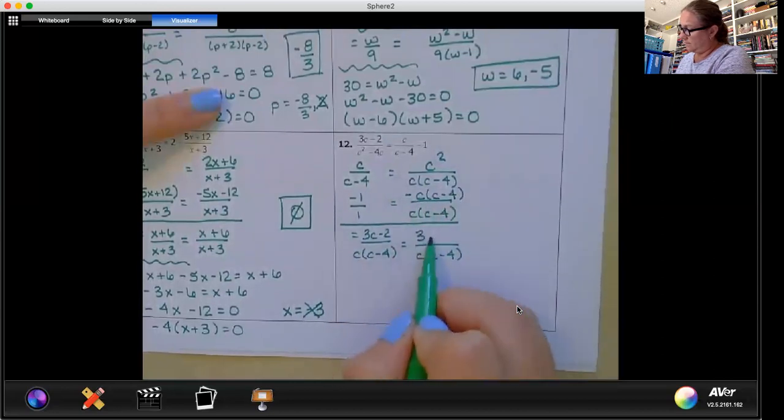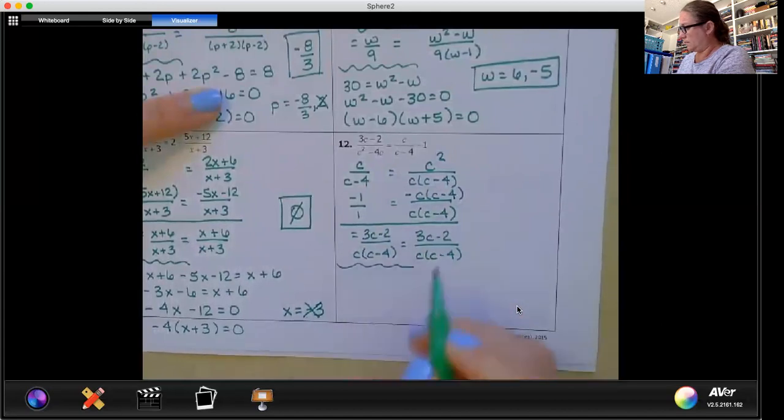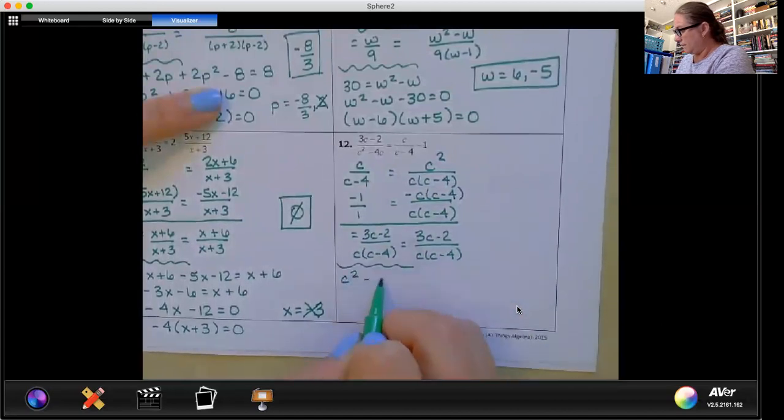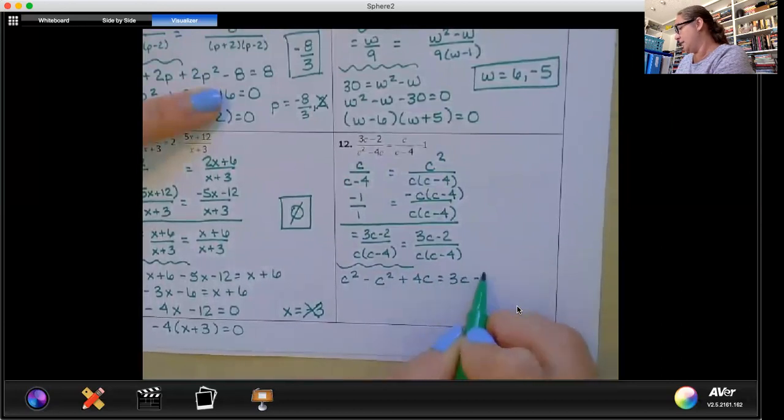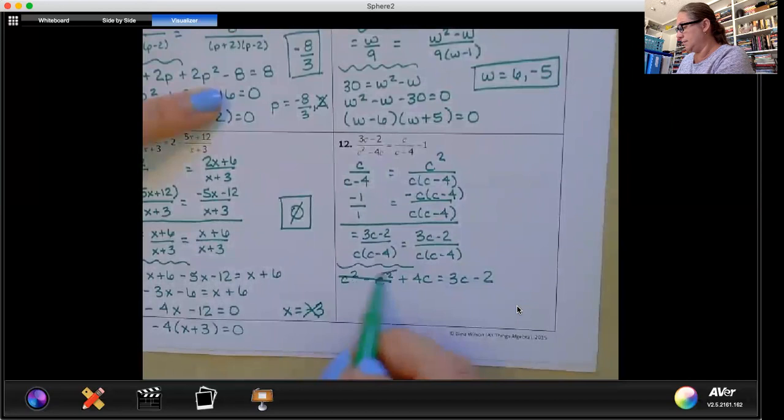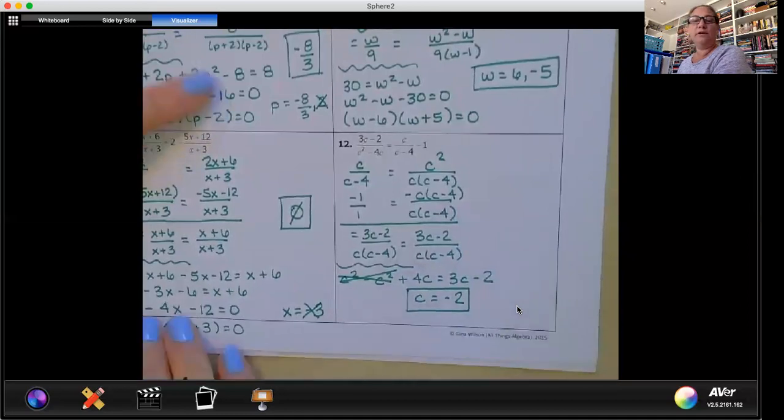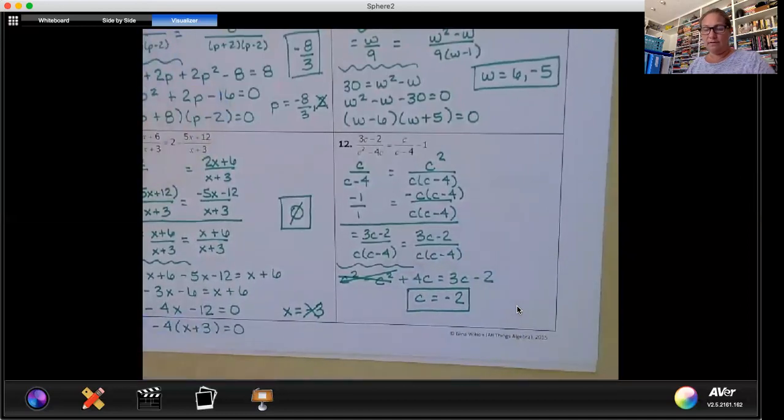And this stays the same. So c squared minus c squared plus 4c equals 3c minus 2. C squareds cancel, which is nice. C equals negative 2. And when you plug that in, you do not get 0. So it can be okay for an answer.